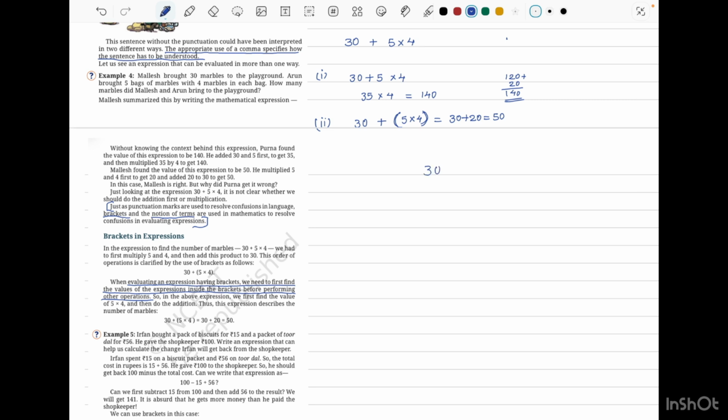If we take the expression 30 plus 5 into 4, this is a term in the expression, and this is also a term, and this is also a term. So each number is a term of an expression.